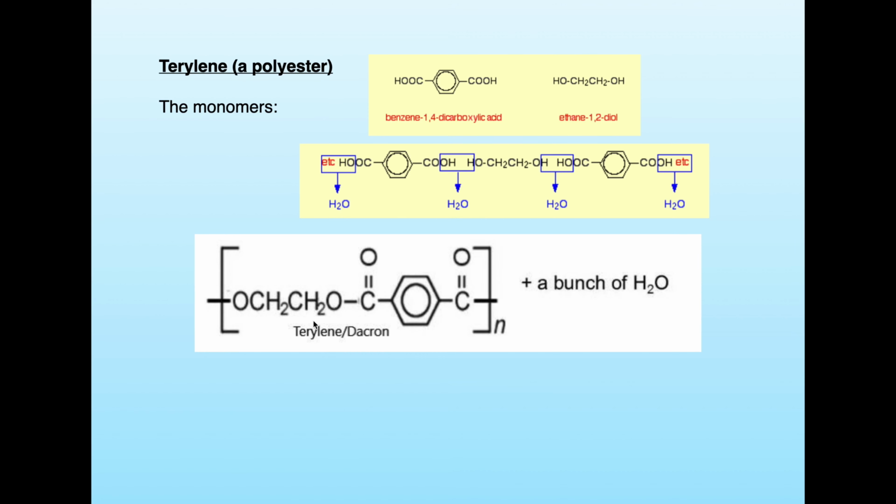And that chain, if you look at it, you get lots of water coming off, and this is what's called the repeating unit. So this bit has come from the acid, and this bit has come from this double alcohol, diol. Terylene is what we call it, Dacron in some places.